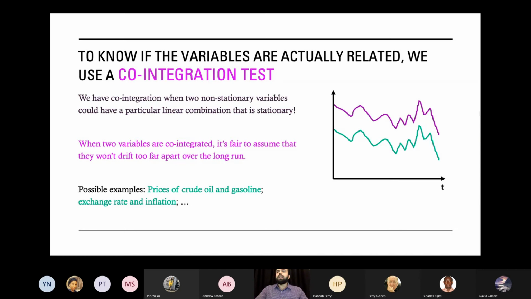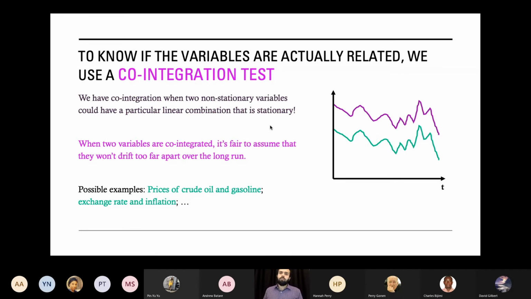For example, we might have these kinds of cointegrations when we are comparing prices of crude oil and gasoline, maybe not, or when we are comparing exchange rates and inflation. But when we conduct a cointegration test, we can say that if two variables are cointegrated, they are correlated in the long run.